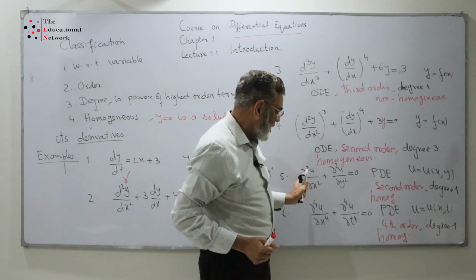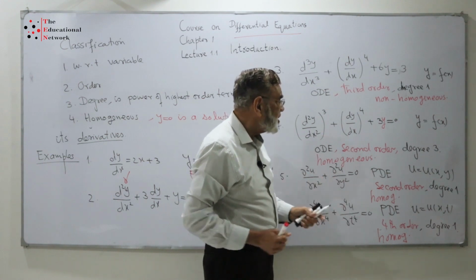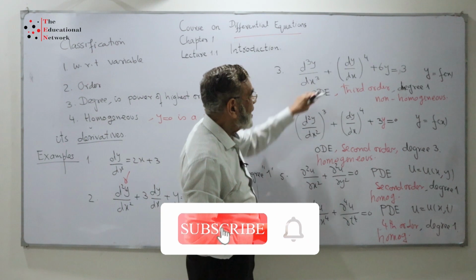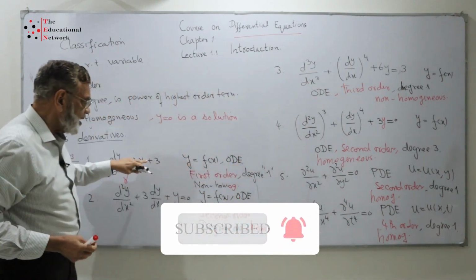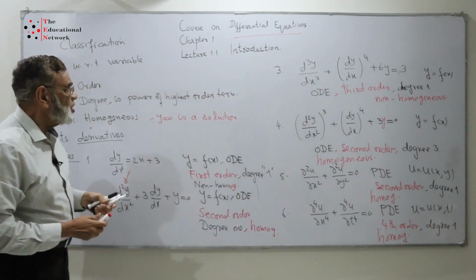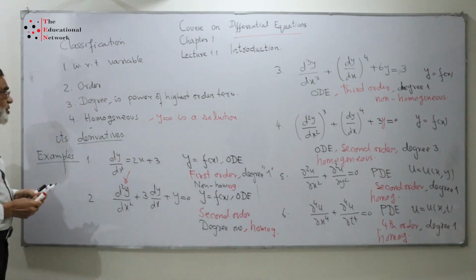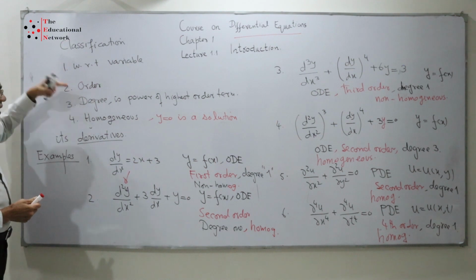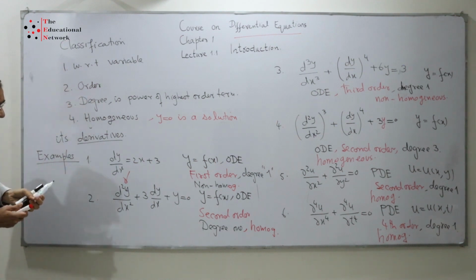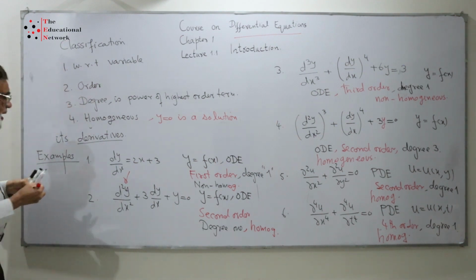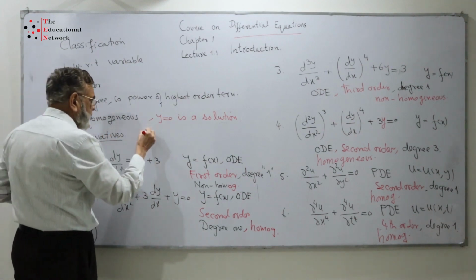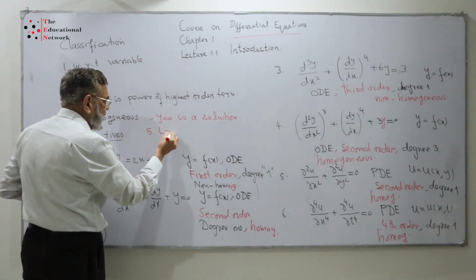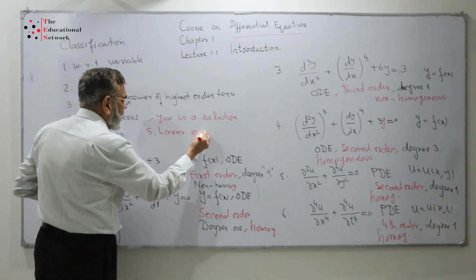Also, u equal to 0 is a solution here, so it's homogeneous. Here it is not a solution, and these are non-homogeneous differential equations. So we have the classification with respect to variable, order, degree, and homogeneity. One more classification that we want to make is number 5, about linearity: linear or nonlinear.